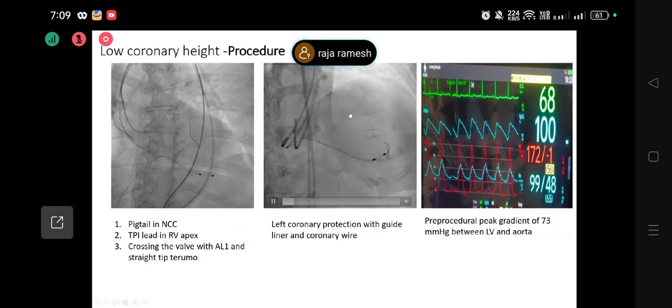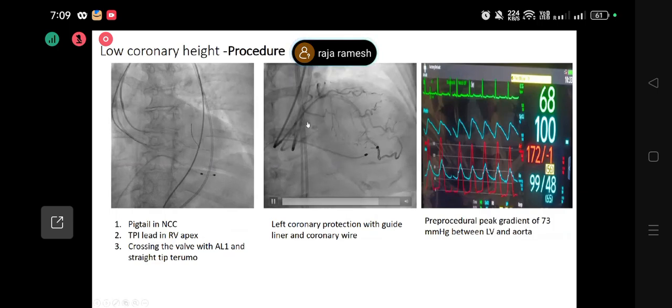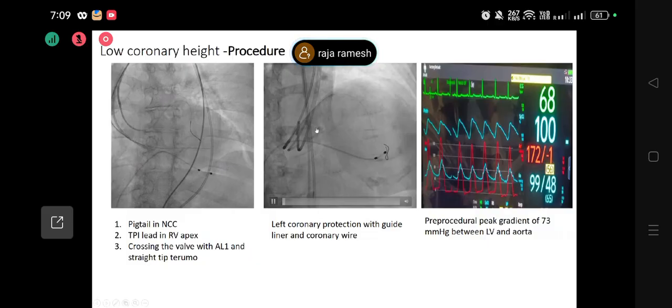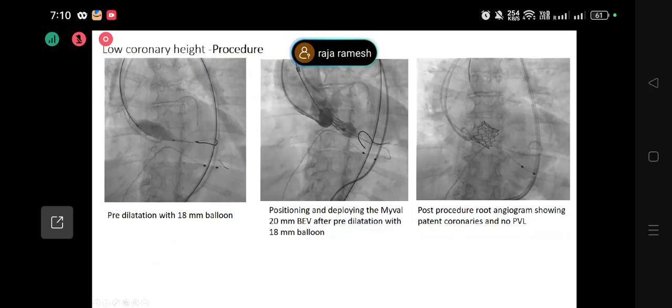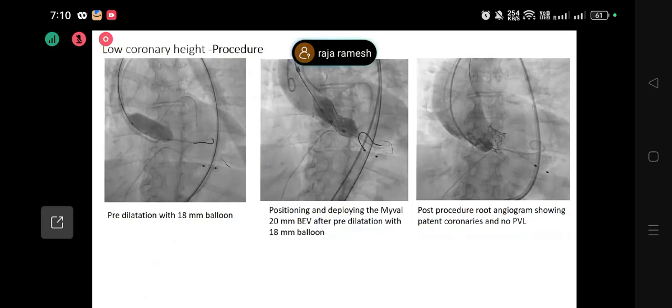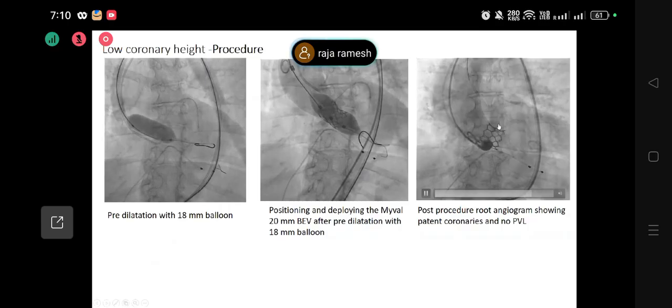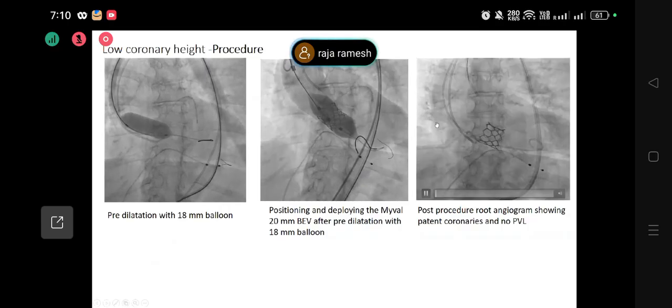So we are prepared: if after the deployment there is any coronary obstruction, we will take a stent through this guide liner and deploy it. This is called chimney stenting and coronary protection. But luckily in this patient, after deploying the valve, we can see there is no coronary obstruction. So we have withdrawn everything.